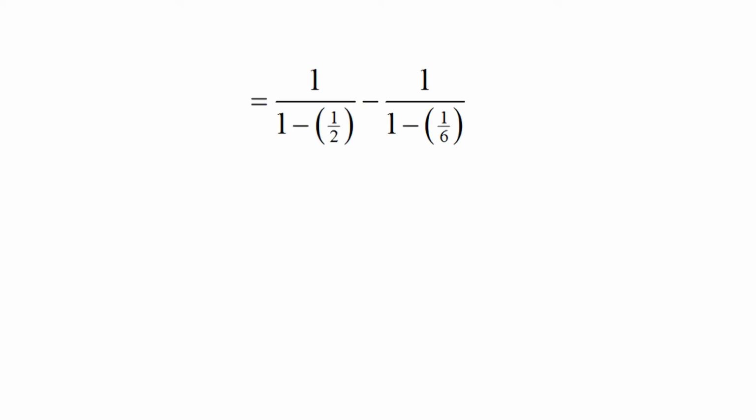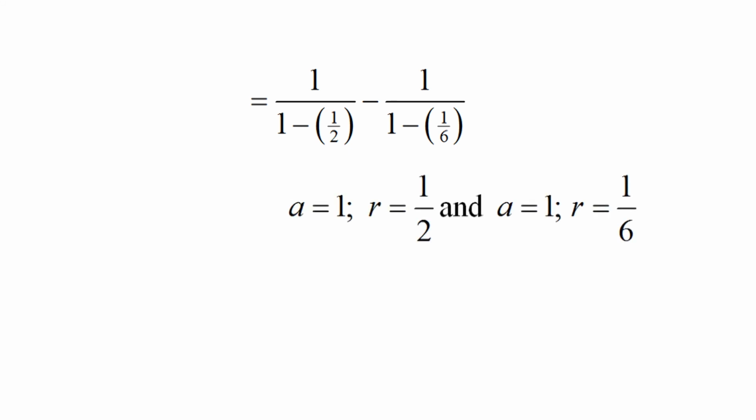This is equal to 1 upon (1 minus 1 upon 2) minus 1 upon (1 minus 1 upon 6), as each is a geometric series with a equal to 1, r equal to 1 upon 2 and a equal to 1, r equal to 1 upon 6 respectively, which is equal to 2 minus 6 upon 5, which is equal to 4 upon 5.